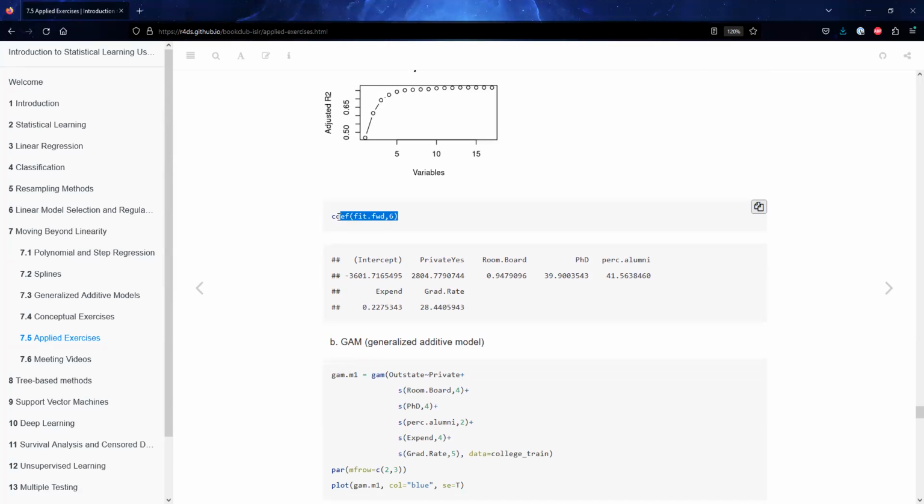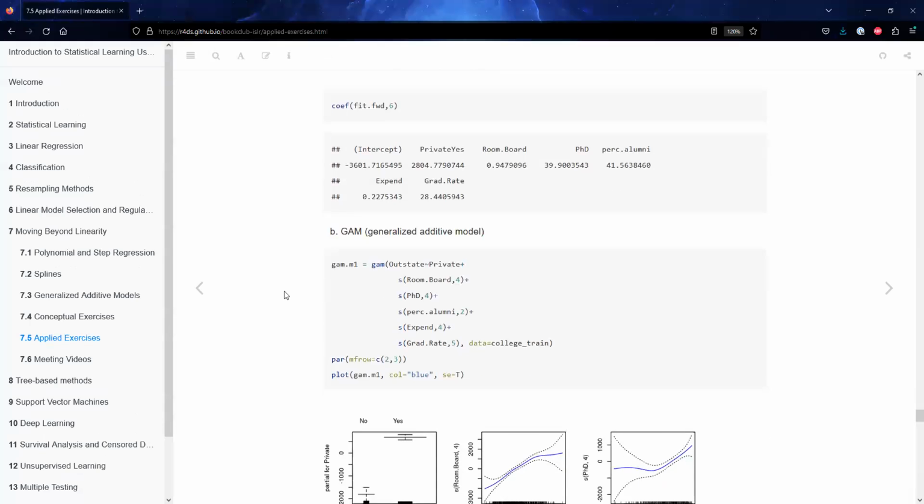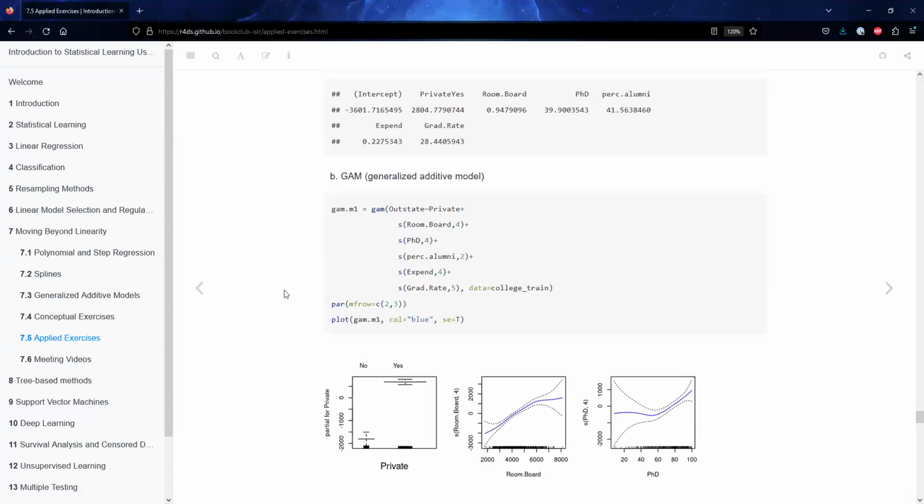So say if we looked at the forward selection model with some of the variables, we could get coefficients thereof to predict the out-of-state tuition. If we looked at this in another modeling procedure, generalized additive models, we could build our GAM using splines for each of those variables.